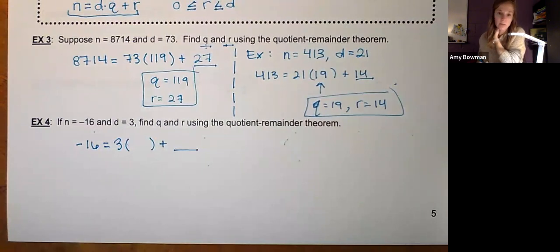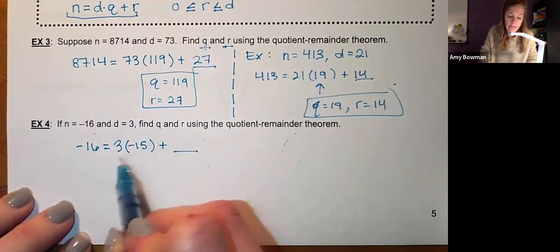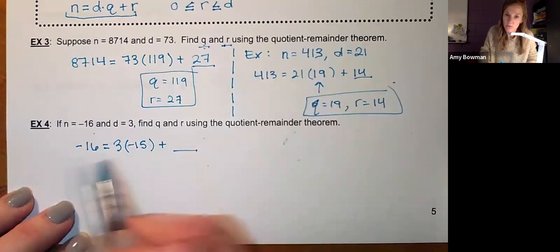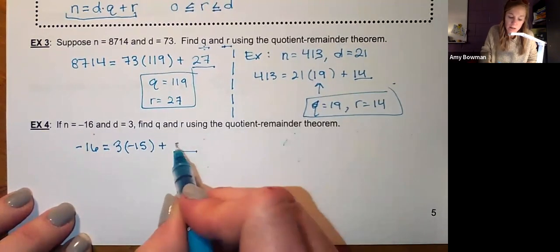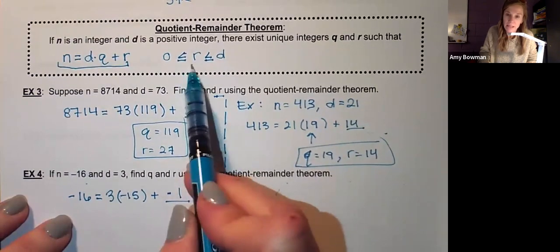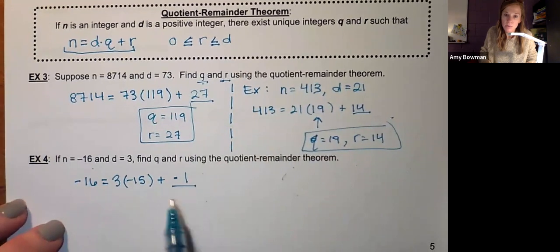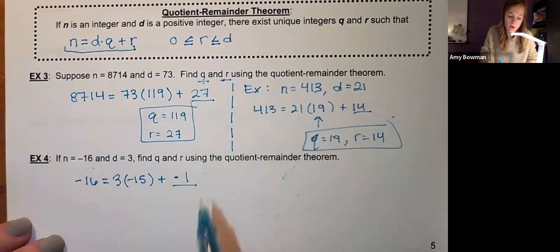So that goes into it. And then to get to negative 16, I would have to add negative 1 or subtract 1. However, remainders can't be negative. They have to be between 0 and the divisor. So r needs to be between 0 and 3. So negative 1 doesn't work.